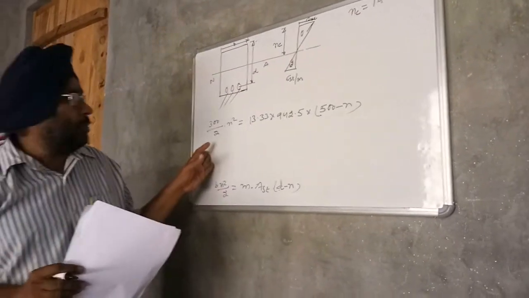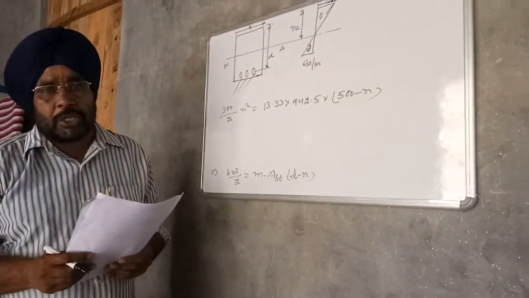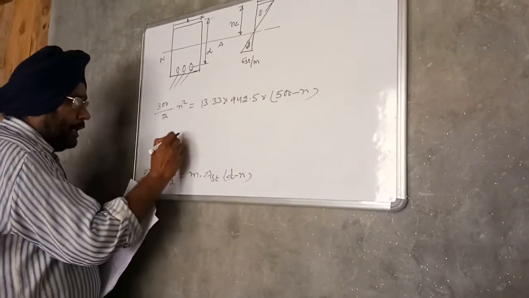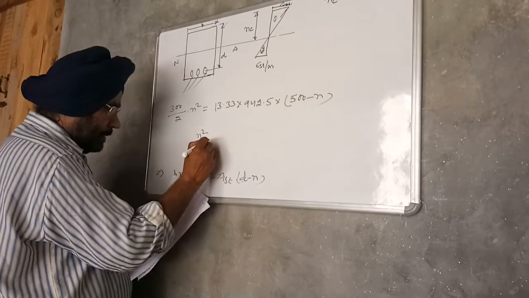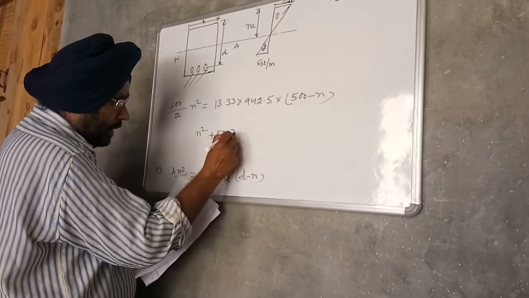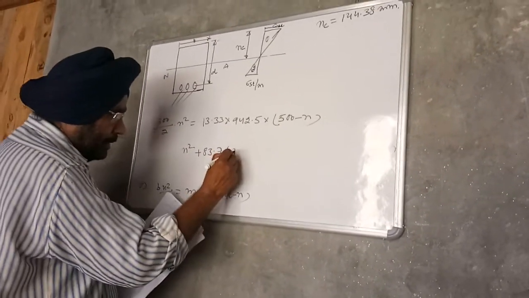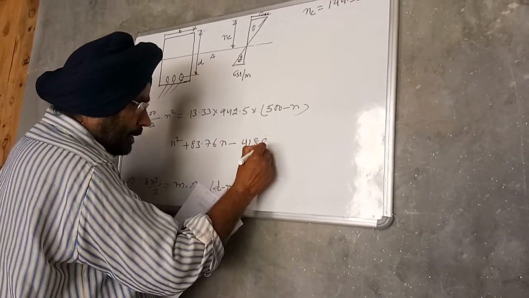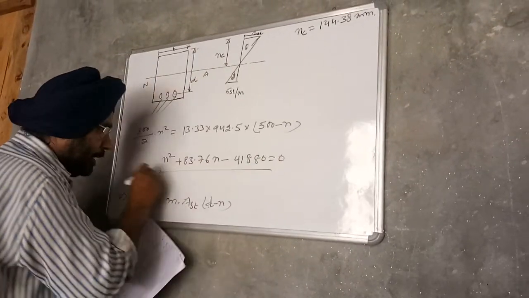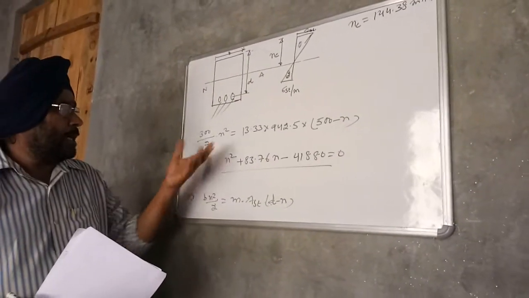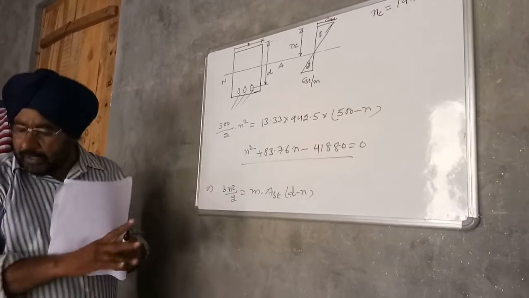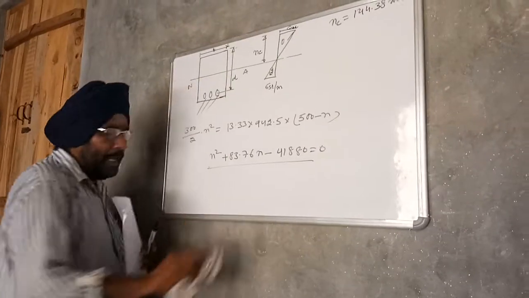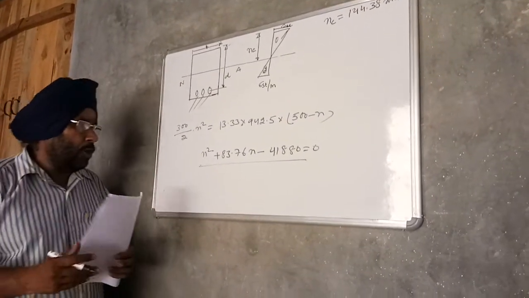So by further solving this equation, we get a quadratic equation in n. The equation is n square plus 83.76 n minus 41880. This is the final quadratic equation. It has two values of n, and only the positive value of n is taken because the neutral axis cannot be negative.